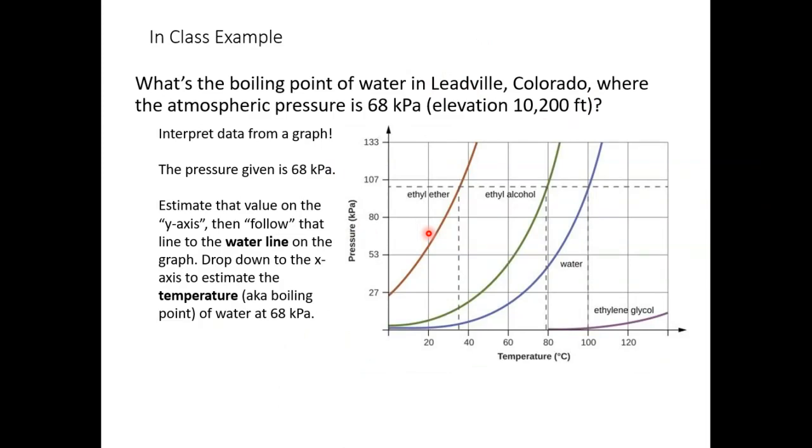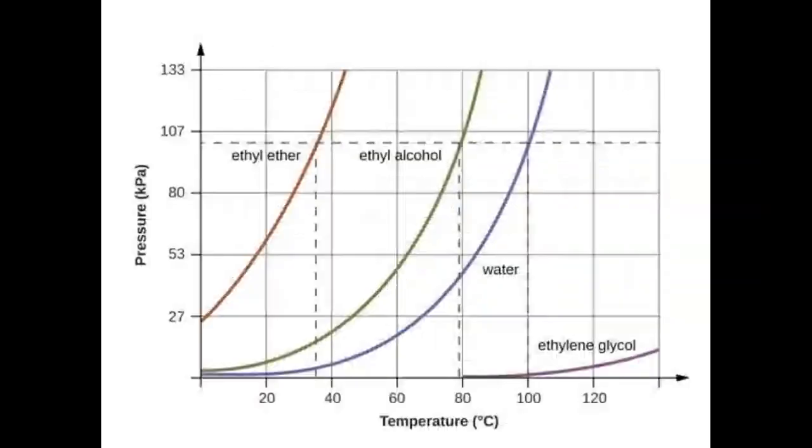How do you find that? How do you figure that out using a graph like this? Follow the y-axis to what pressure did I say? 68. That's about halfway between these two scales. And then I do what? Slide over to which line?